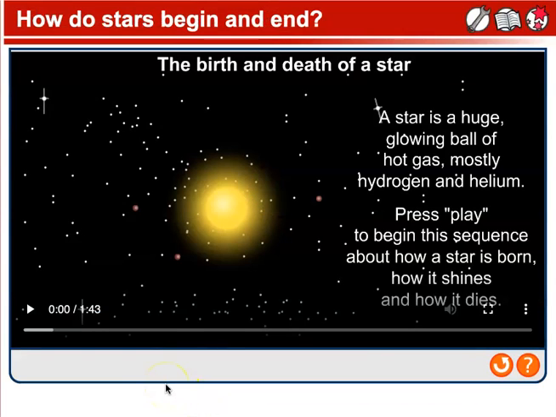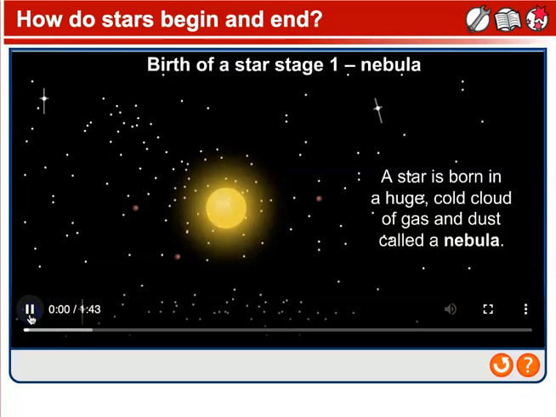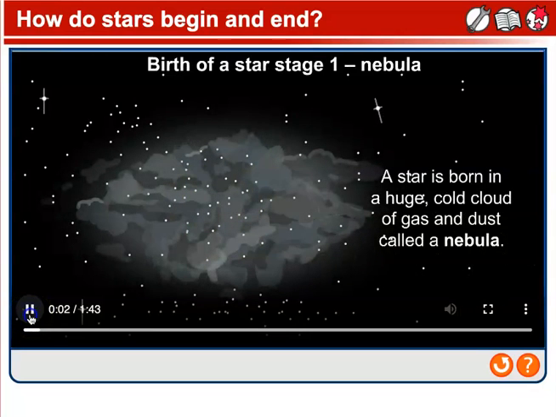So how do stars begin and end? The birth and death of a star. A star is a huge glowing ball of hot gas, mostly hydrogen and helium. A star is born in a huge cold cloud of gas and dust called a nebula.